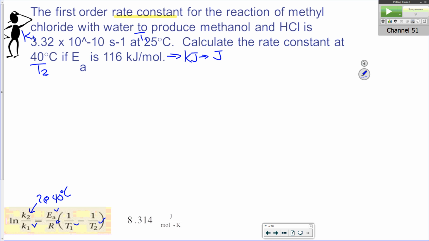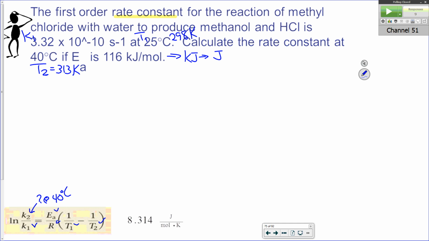So 25 plus 273 is 298. T1 is 298 Kelvin. And T2, 40 plus 273 is 313 Kelvin. Now I've made those changes, I can plug it in and start rearranging.